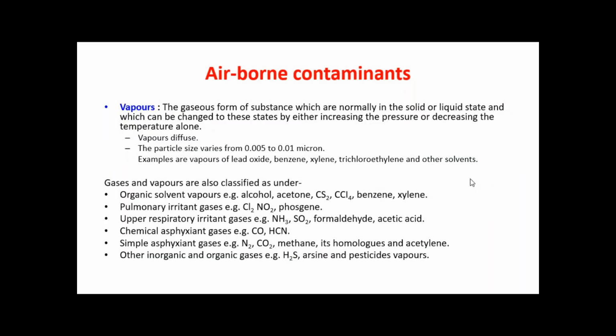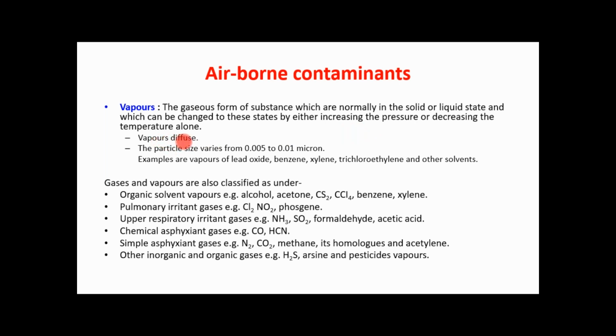Then vapors. Vapors are the gaseous form of a substance which is normally in the solid or liquid state, which can be changed to these states by either increasing the pressure or decreasing the temperature alone. So depending on the temperature and pressure criteria, these substances can be converted into vapors.